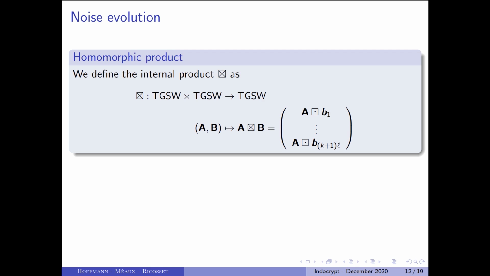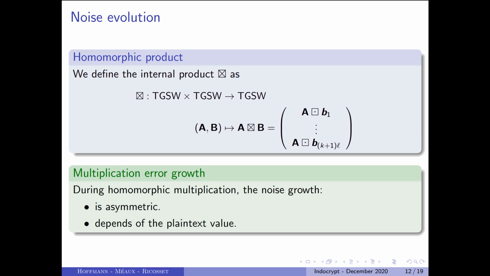We also have a homomorphic product by defining an internal product, which is easy to define using the external product introduced earlier. The error growth during the multiplication is a bit trickier, so we won't give the formula, but what is important to note is that it is asymmetric, which means the noise of A dot B is not the same as the one of B dot A, so it is important when we implement it to put our operands in the right way.